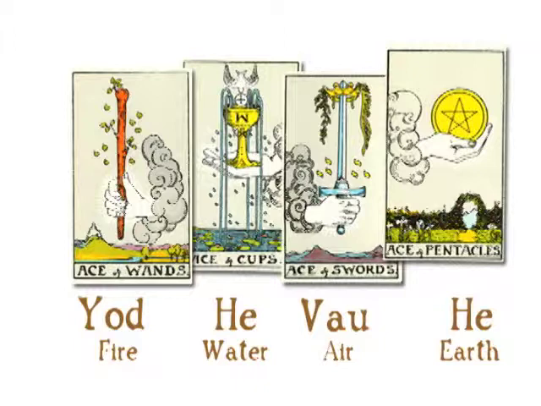He, cups, water. Vav, isn't that the way it's spelled? Swords, air, and pentacles, He, the last one, which is pentacles and earth.